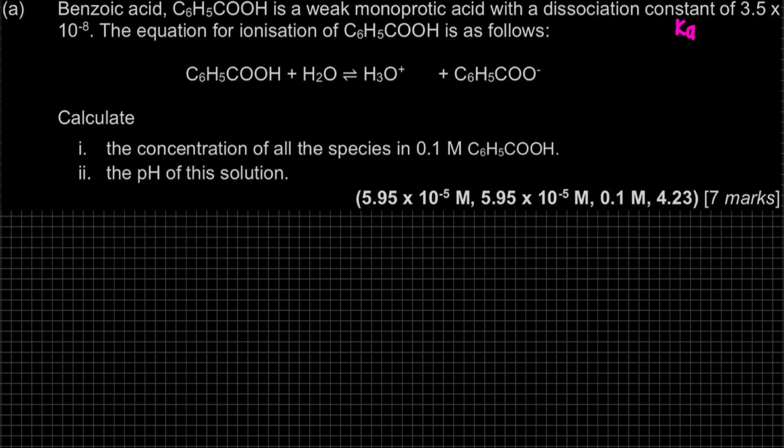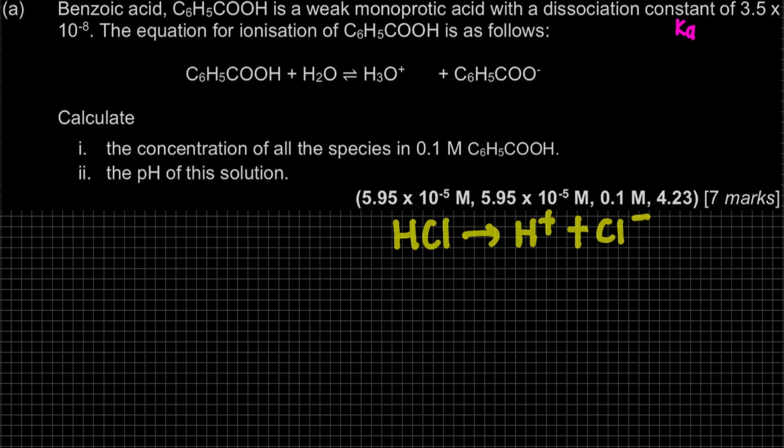So even if the question does not give you the statement that it is weak, you may know it if the question gives you the Ka, or luckily this question did give us the equation, this one. So when we're talking about calculating the concentration of the species, for example, if I have my HCl, HCl is a strong acid, it is fully dissociated. That's why we will have the full arrow plus Cl minus.